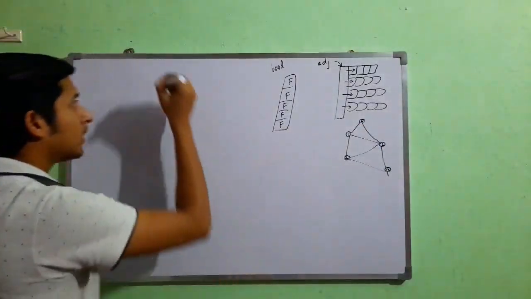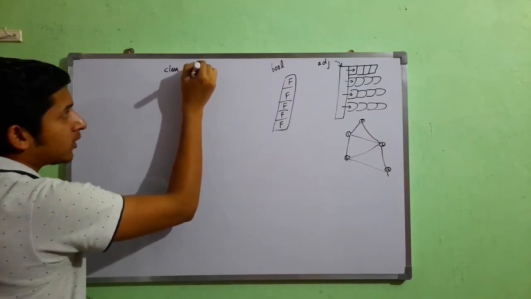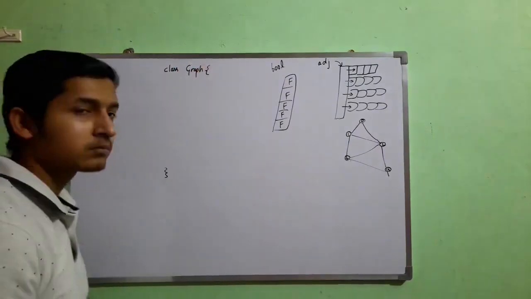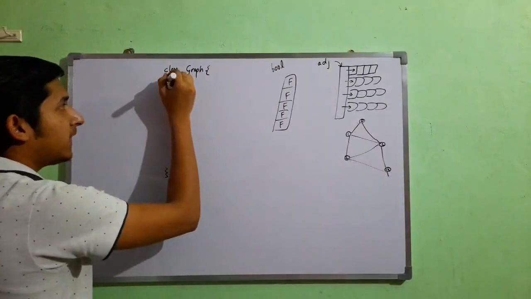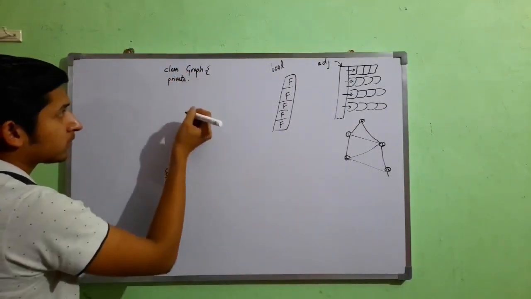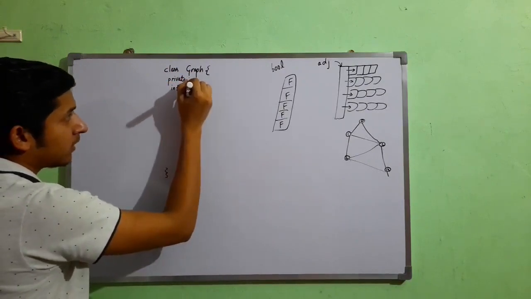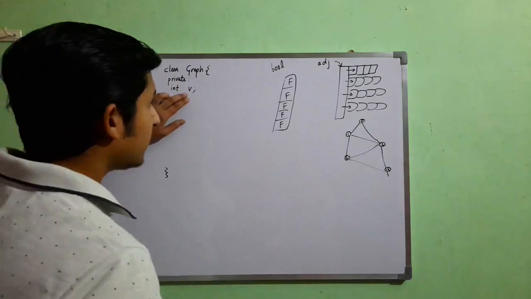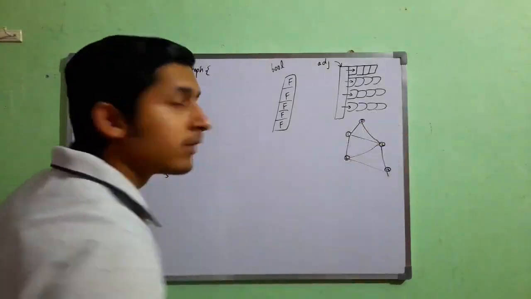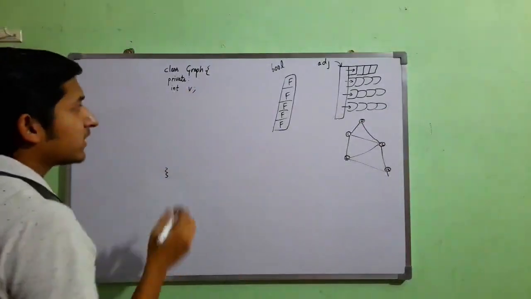So class graph. Now it has a private section with int v. v means number of nodes, or vertices. So it has some vertices, so that's initialized with int.